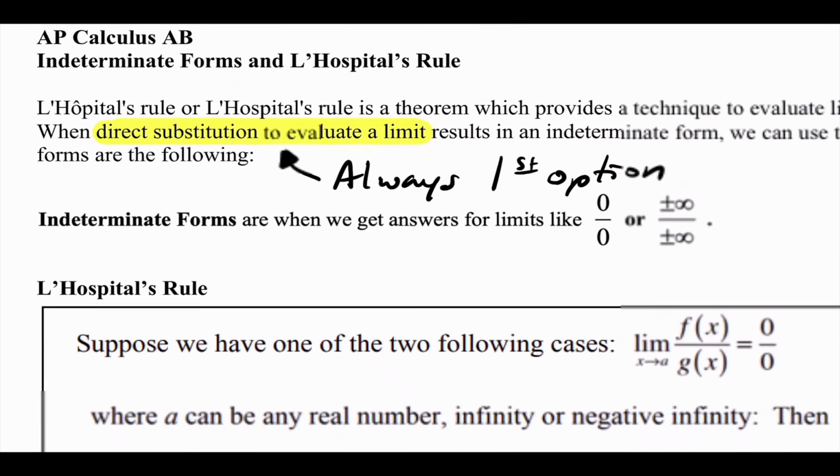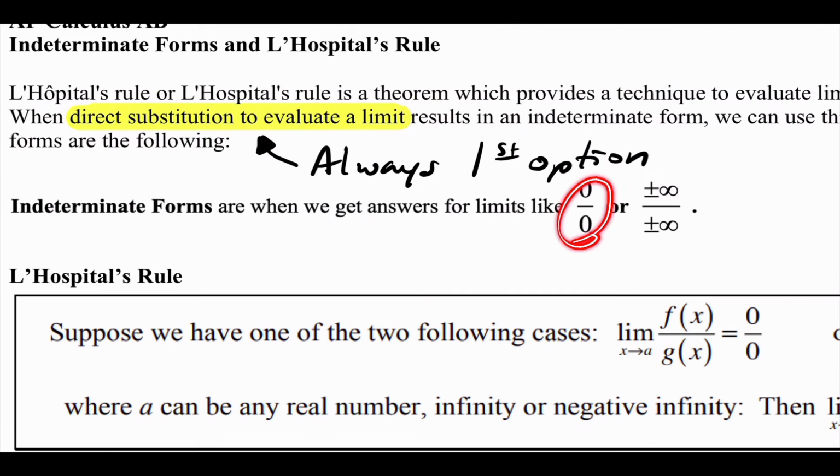What happens when we get 0 over 0 or infinity over infinity? Some people think infinity over infinity is 1. No, it's not 1. It's what we call an indeterminate form. Indeterminate means we don't know, right? Can't tell.